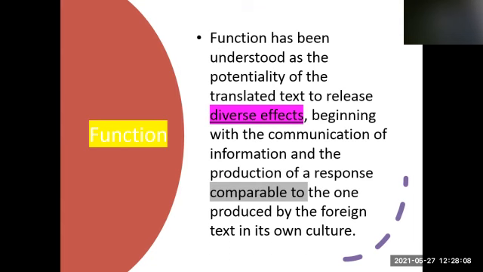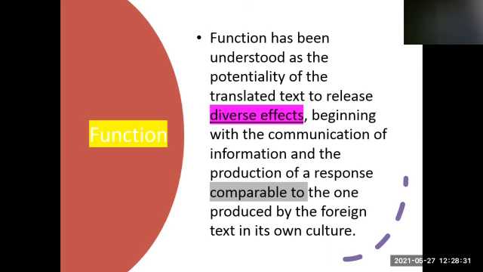What about the concept of function? That was about equivalence. What about function? Function of what? Now, every text in the world is meant to convey certain feelings.